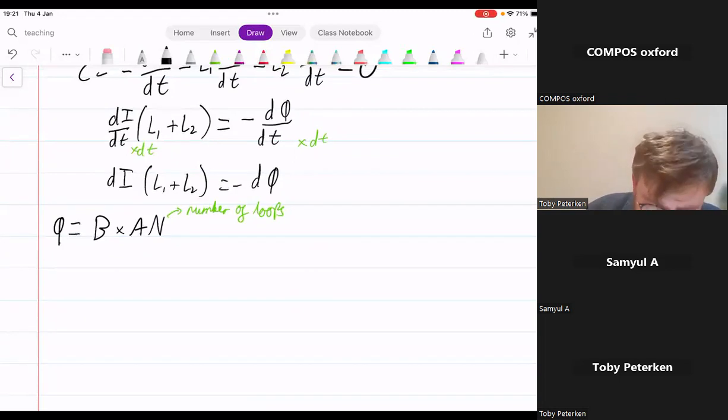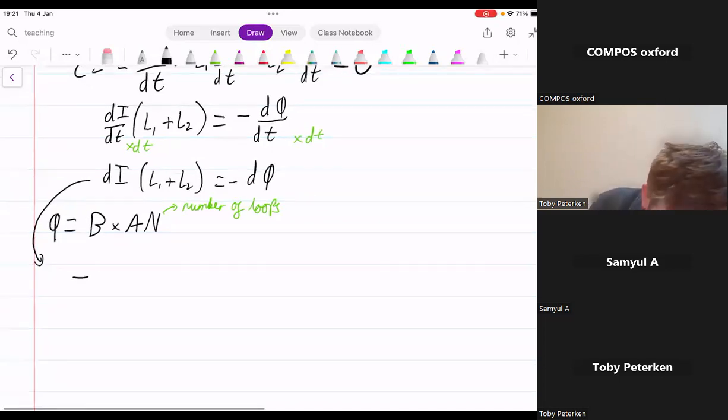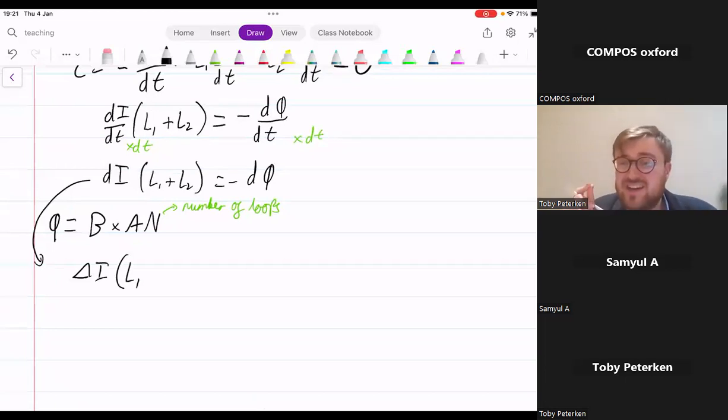So let's integrate this, or rather, we don't need to integrate it. Let's do this another way. So the total change in current, and the little d just means a small change. Everything here, because there's a change on both sides, it doesn't actually matter if it's small.